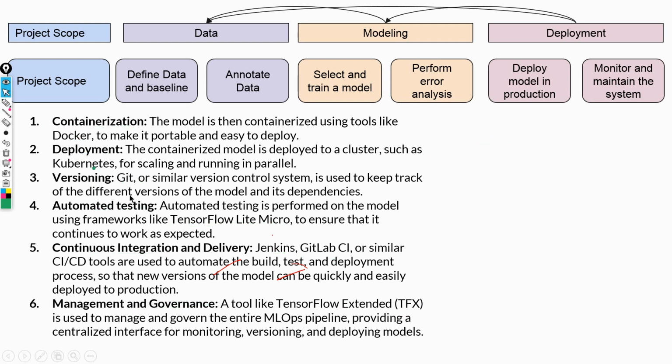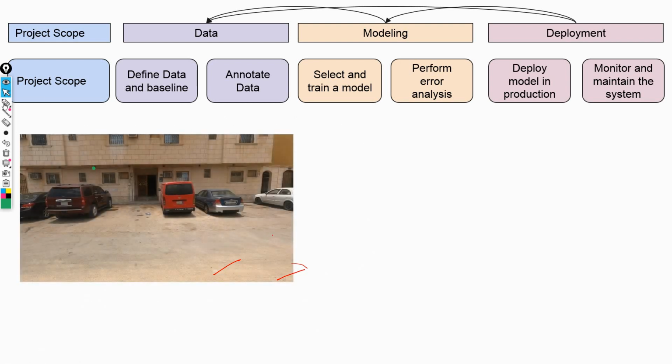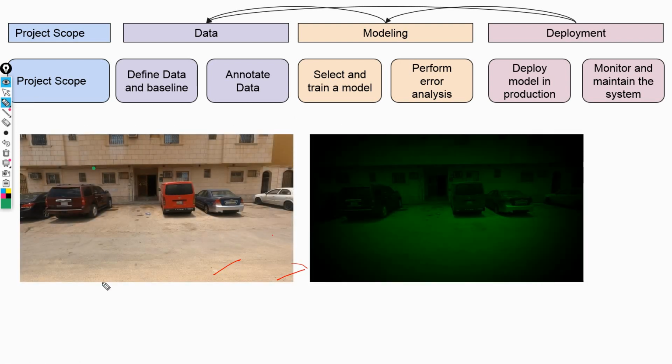Now, imagine a scenario where you have built your model on data that is maybe daylight data, where you can see your garbage very clearly. But over a period of time, say the image or the data changes to something like this, where it's probably nighttime, and you are not able to see your data correctly.